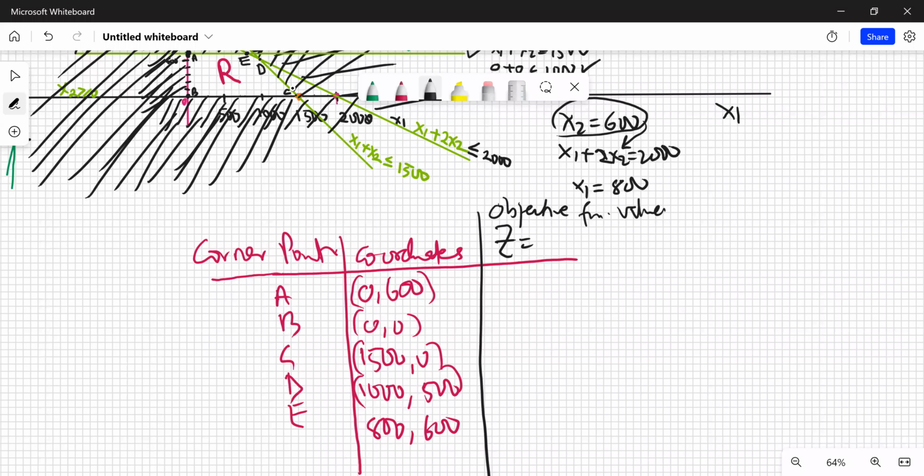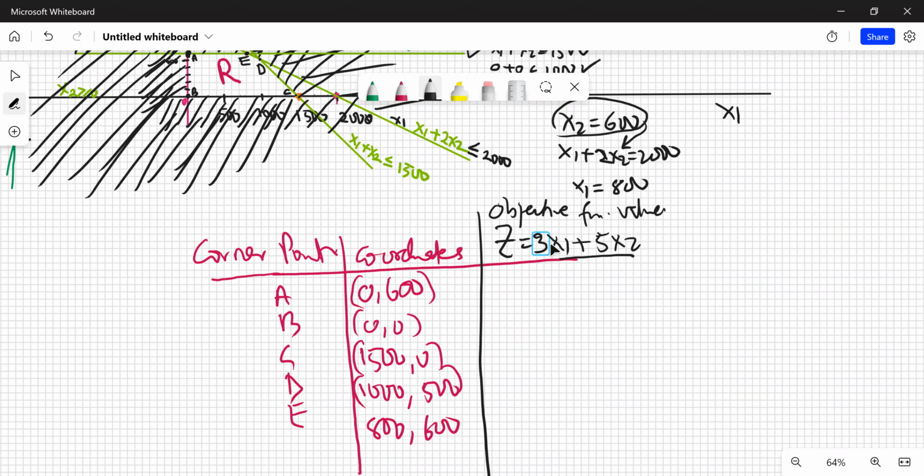So remember our objective function was we want to maximize 3x1 plus 5x2. So we substitute these values into this equation and see what value we get.